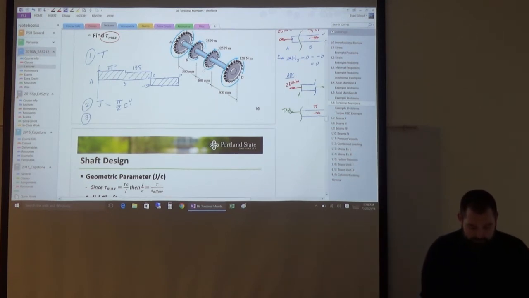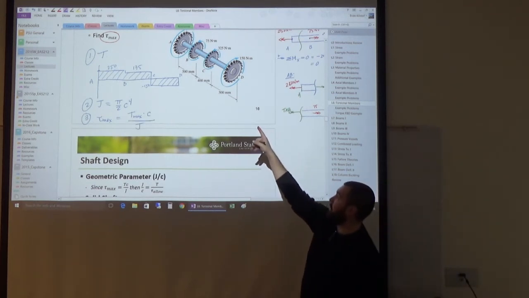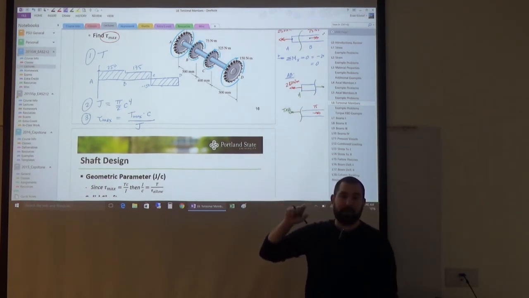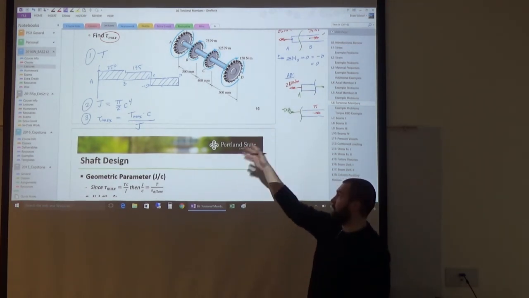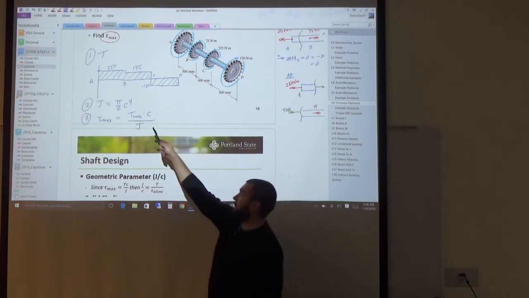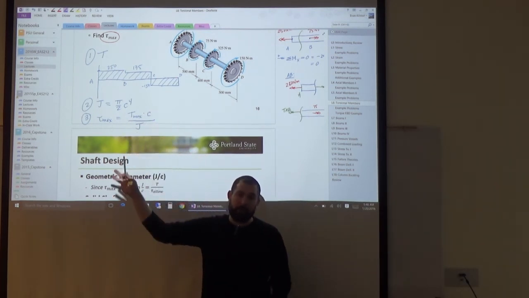And so when we calculate tau max, it's going to be T max times c, which is the radius, divided by J. Now you could imagine if the polar moment of inertia J in these sections was different, we might need to check all three sections, but here, because the only thing that changes is the torque, the largest magnitude of shear stress is going to occur in segment AB because that has the largest magnitude of torque.